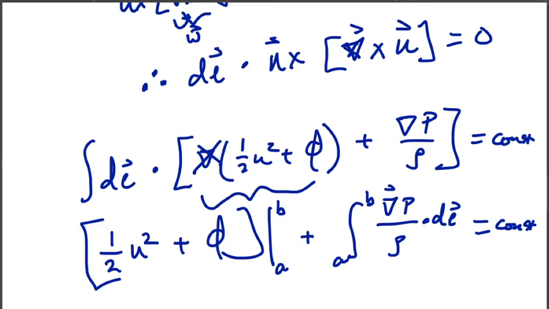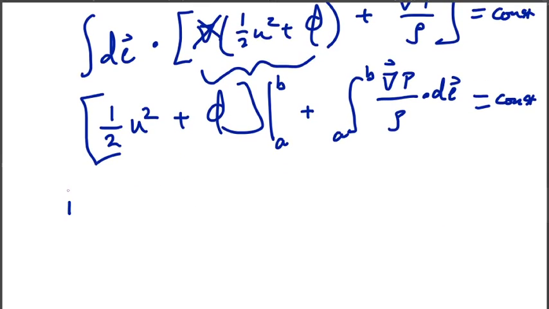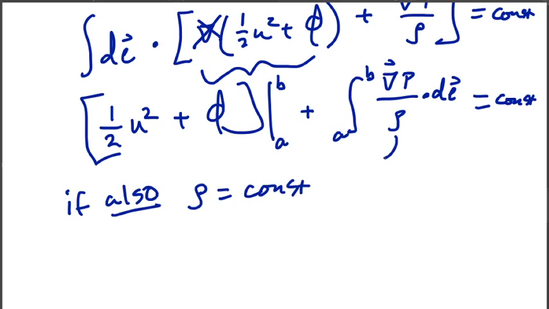All right. So that's quite powerful. As noted before, if also the density is constant, then the density can come out of this integral, and this integral becomes an exact integral as well. It becomes the integral of 1 over rho of the gradient of p dotted with dl.